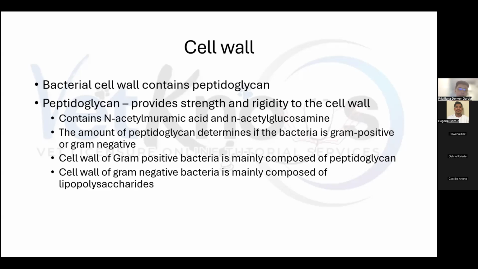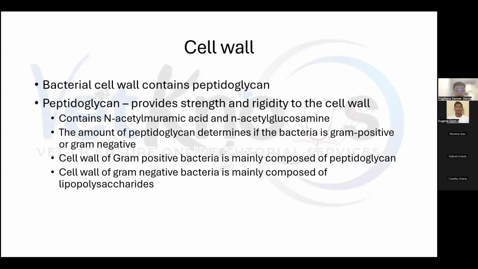And yun na rin yung basis sa kanilang endotoxin production. Okay, so peptidoglycan provides strength and rigidity to the cell wall and contains the following: N-acetylmuramic acid or NAM, tapos NAG, or N-acetylglucosamine.